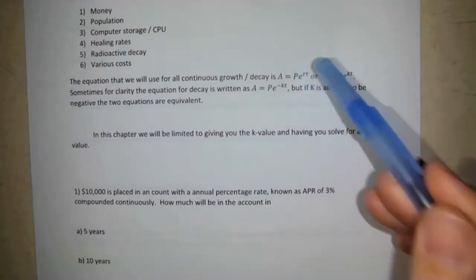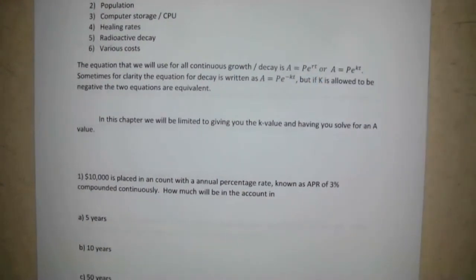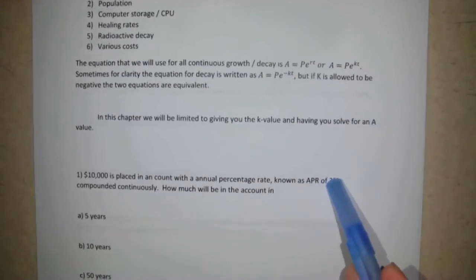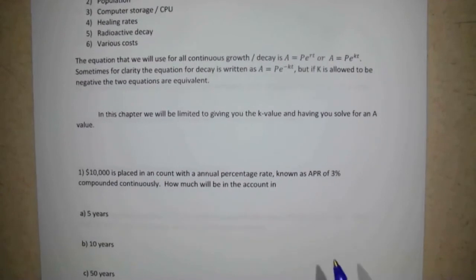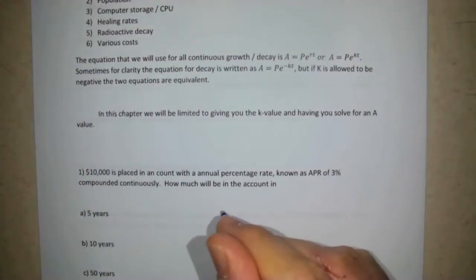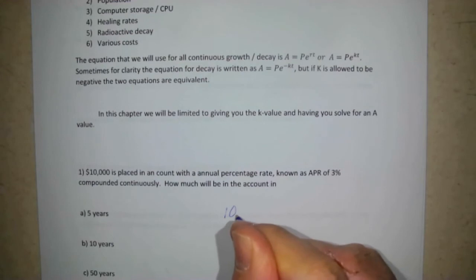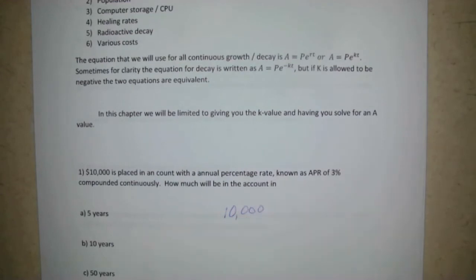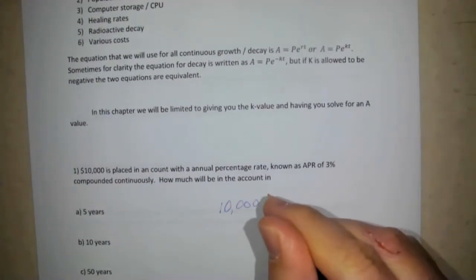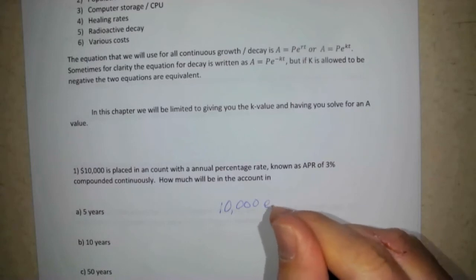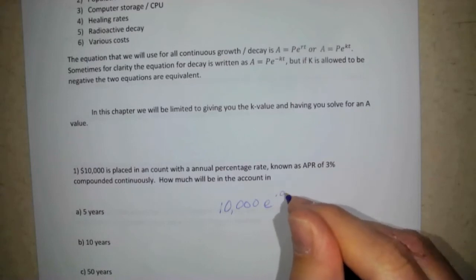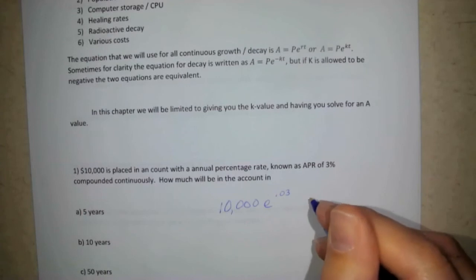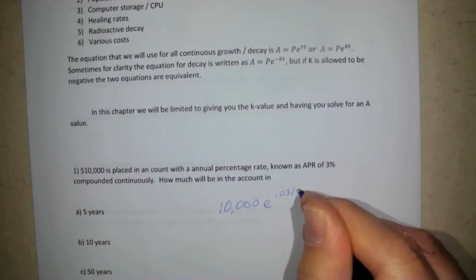What that R is gets a little bit lost in the shuffle, and that's okay. In our first case, though, it is that 3%. So $10,000, which is my principal amount, times E to the rate, and that is again 0.03, and my time the first time around is 5.